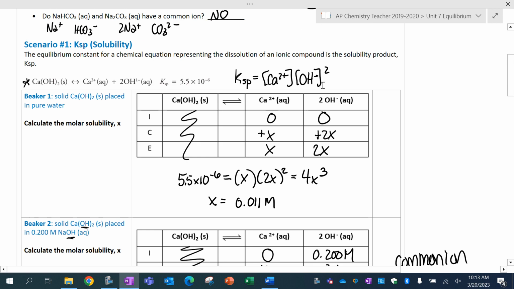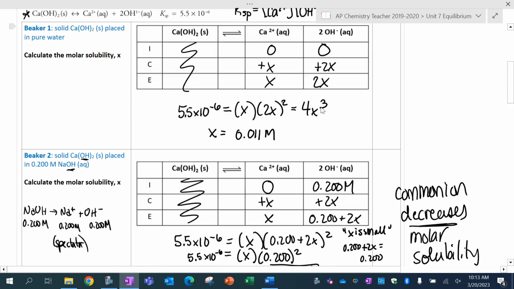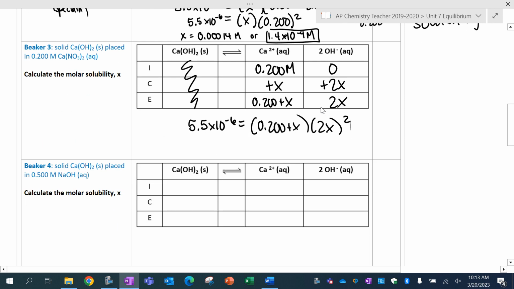Remember, my hydroxide gets squared. Remember K is small, so we can still use this X is small approximation. I can simplify it and write it like this: 5.5 times 10 to the negative 6 is 0.2 times 4X squared.